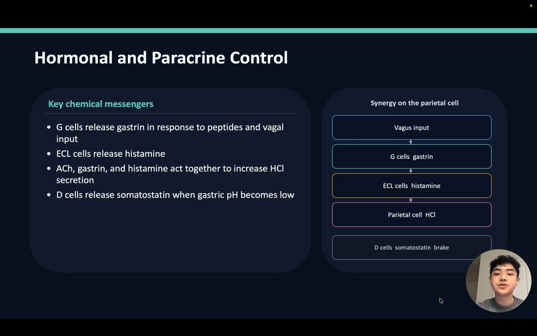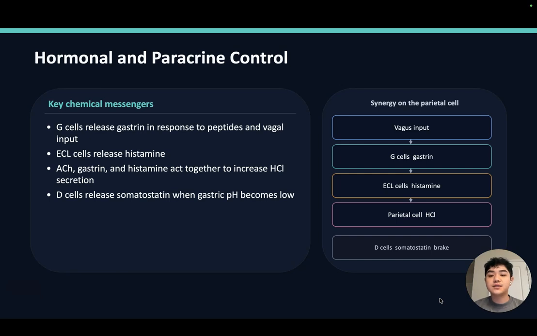Another important messenger here is histamine. Histamine is released by ECL cells and acts locally. It strongly boosts acid secretion. So here's the main coordination point.